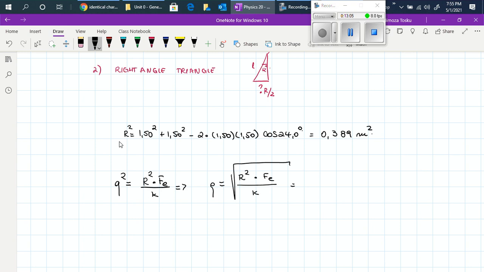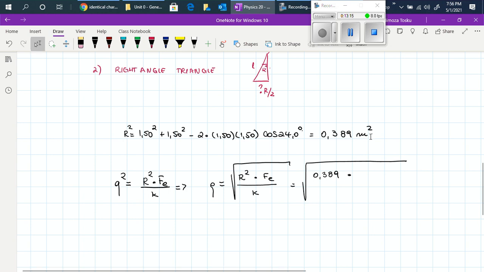In our case, what we will have is 0.389, that is R squared, times the electrostatic force, 5.21 times 10 to the power of -3, over 8.99 times 10 to the power of 9.